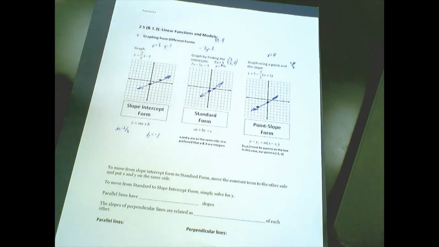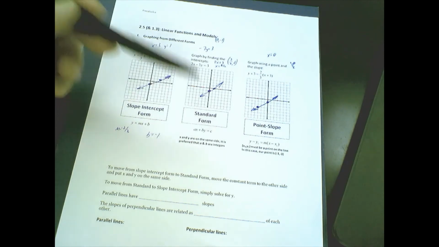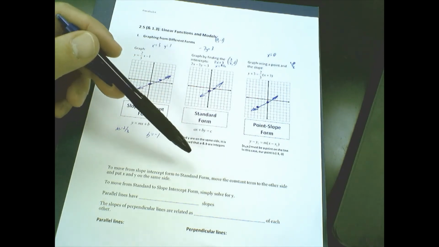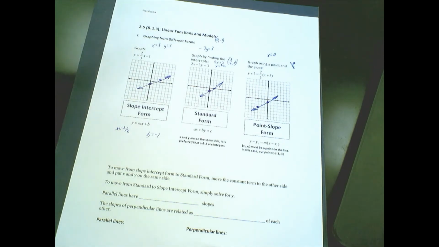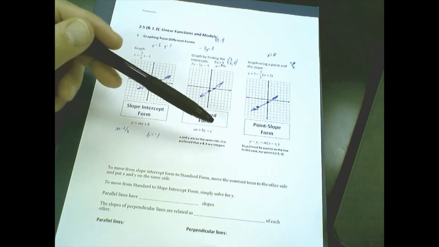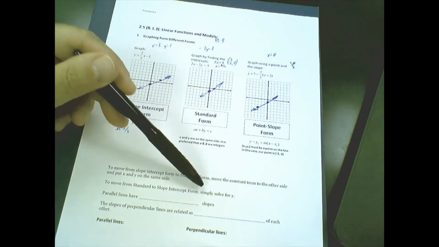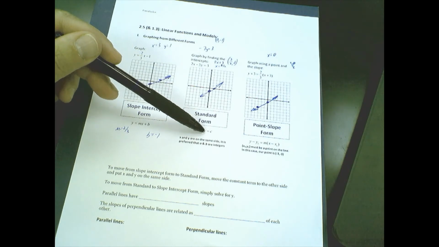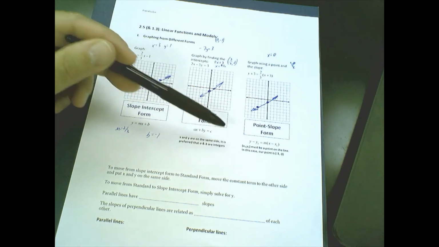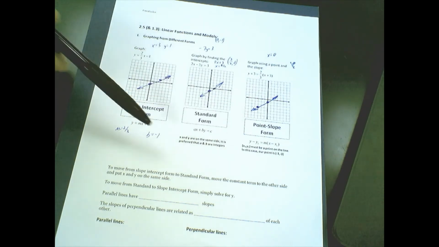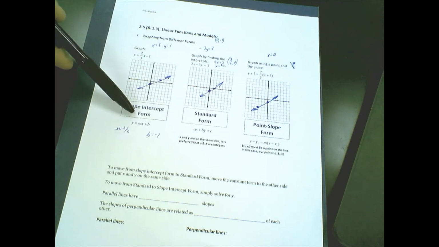You would like to have integers, but it's not necessarily required. In simplest form, integers work pretty nicely for you here. To move from standard form to slope-intercept form, all you need to do is solve for y. Get the x back over to the other side, solve for y, and you walk right into slope-intercept form.